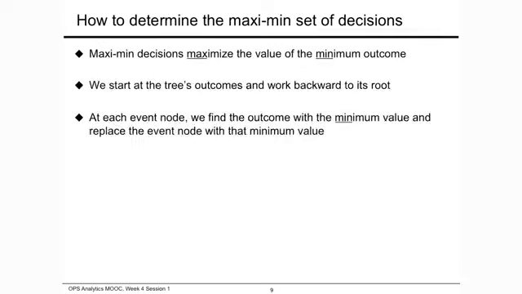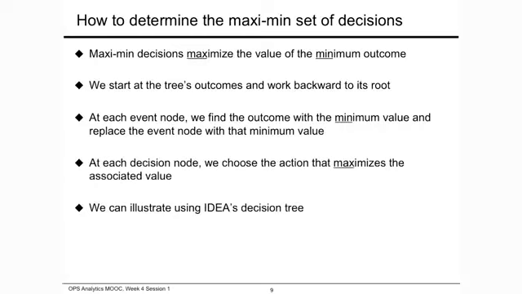At each event node, we'll look for the outcome with the minimum value, and we'll replace that event node with that minimum value. At each decision node, we'll choose the action that maximizes the associated values. So we'll be maximizing those minimum values. And we can illustrate that using IDEA's decision tree.